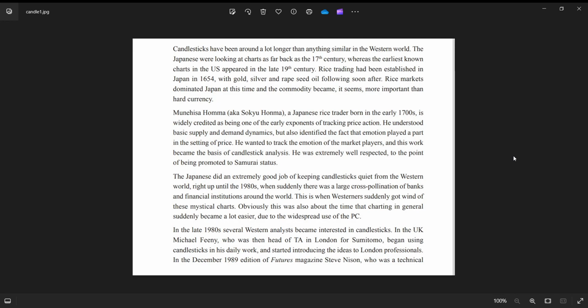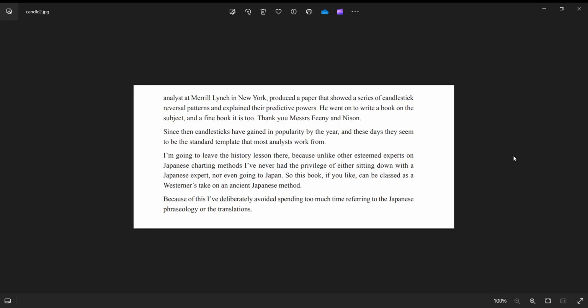Various of them came in like that, and they came across the price actions chart. They began to analyze and discovered that there's more demand in a particular commodity than others. So this is how the candlestick pattern begins.